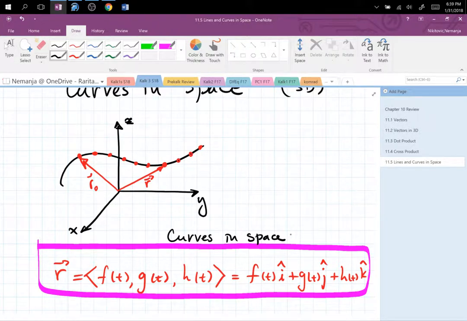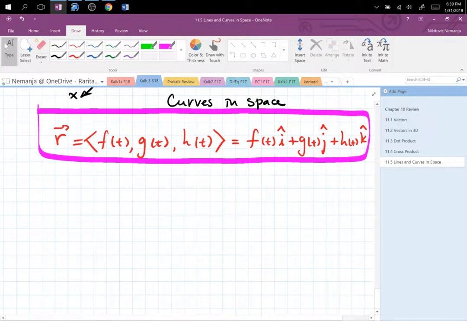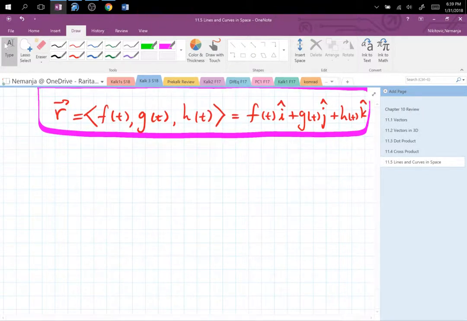The first case of us working with this would be the helix. Helix is the simplest to understand because the first two coordinates, the first two functions in the vector, will be the cosine and the sine, which give you the circle. And then the z is going to tell you in which way that circle evolves in time as it goes up. So what is the helix? Helix is a spring.